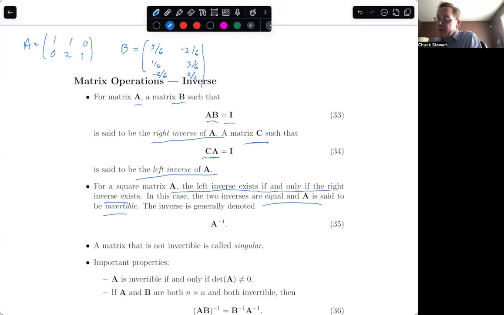So the first row of A times the first column of B is equal to 1. The first row of A times the second column of B is minus 2 sixths plus 2 sixths, so that's 0.